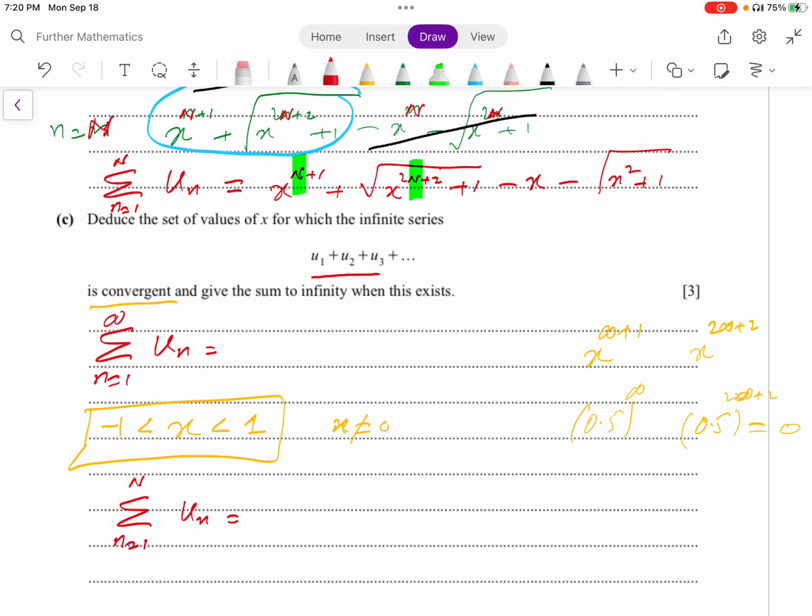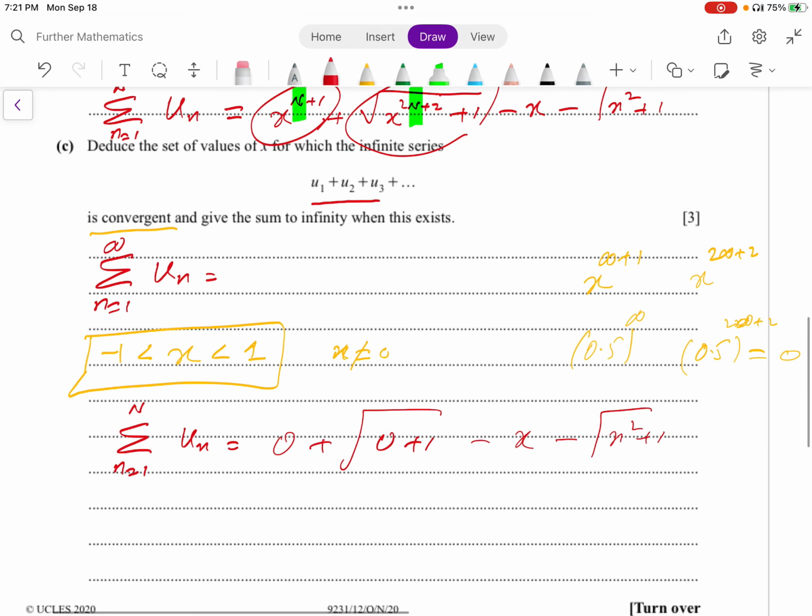If we apply the limit, that part will become 0, the other part will become 0, and here is x and root x squared plus 1. If we simplify, this is our answer: 1 minus x minus root x squared plus 1. This is the sum of the terms of the series un when n tends to infinity.